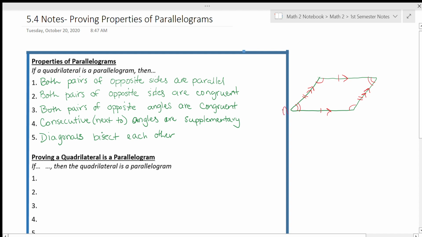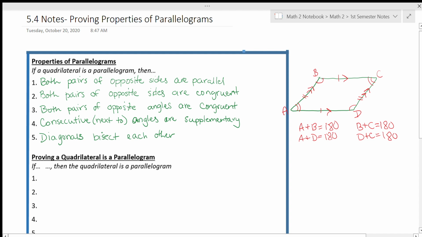I'm going to go ahead and name this A, B, C, D, because then we know that A plus B is 180, A plus D is 180, B plus C, and D plus C. So each of our combinations of angles that are right next to each other would be supplementary.